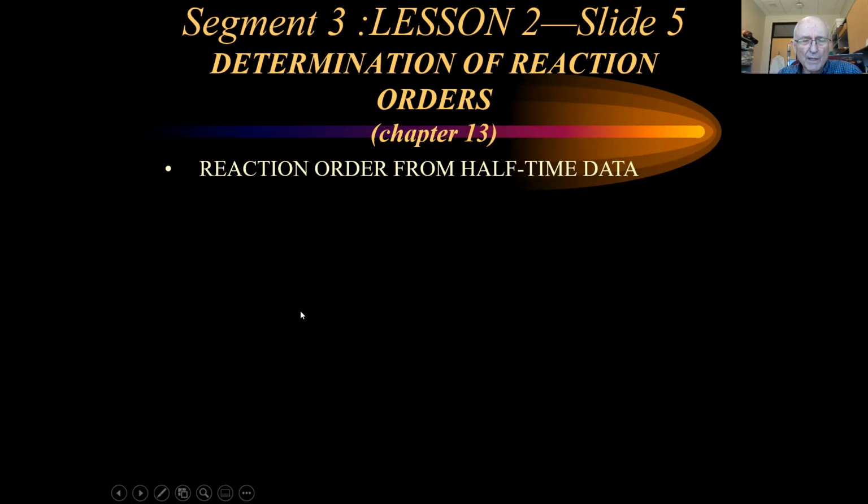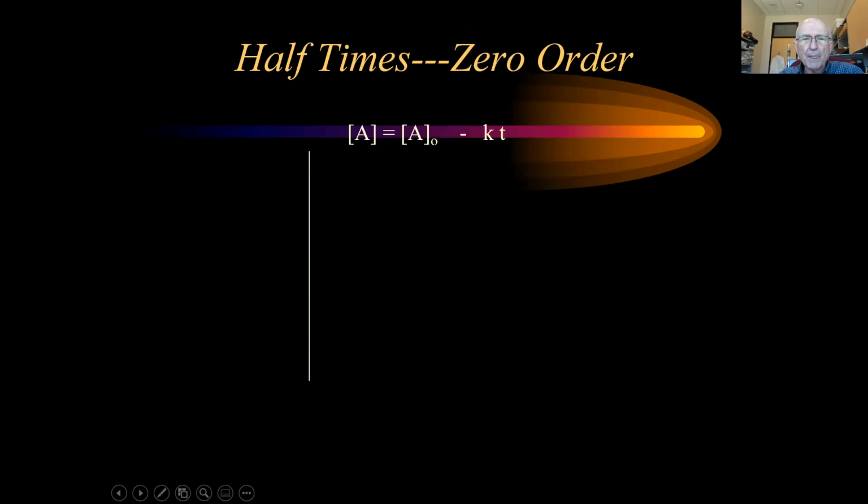Now there's another way that we can get the order of reactions from what we call half-time data. How long does it take for half of the concentration you currently have to disappear? That's the half-time of a reaction. Let's look at that in zero order reactions. We would have a plot that would be linear when concentration is plotted against time.